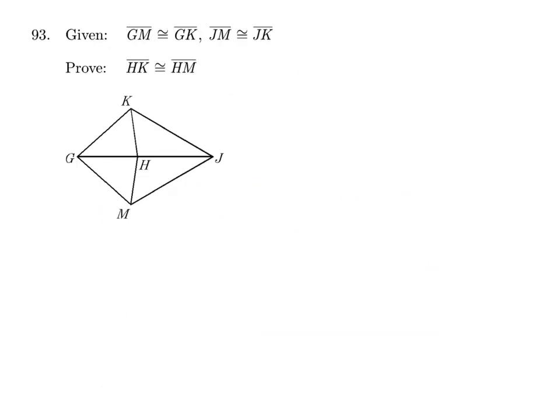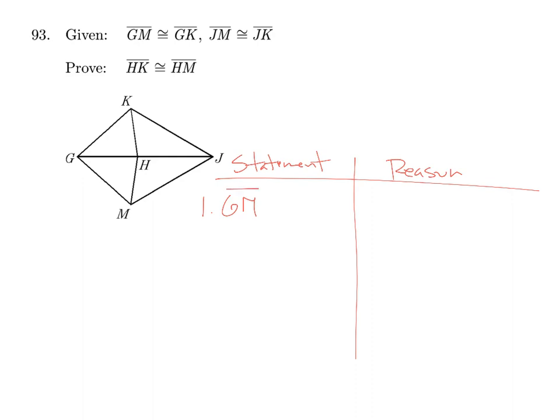Alright, once again, another proof. Statement. Reason. Alright, first statement. GM is congruent to GK. That's given. 2. JM is congruent to JK.